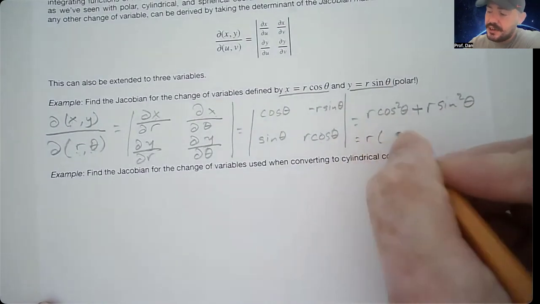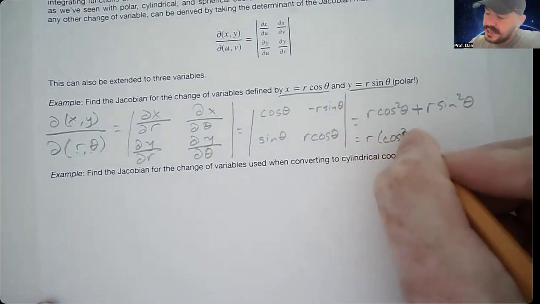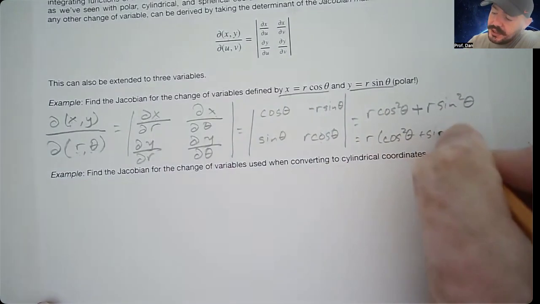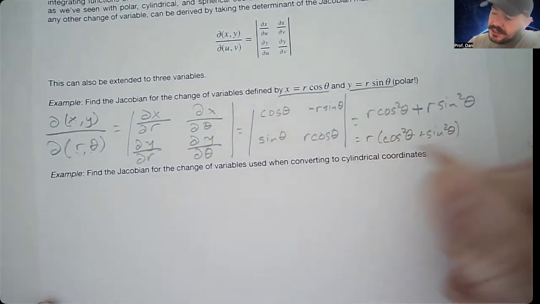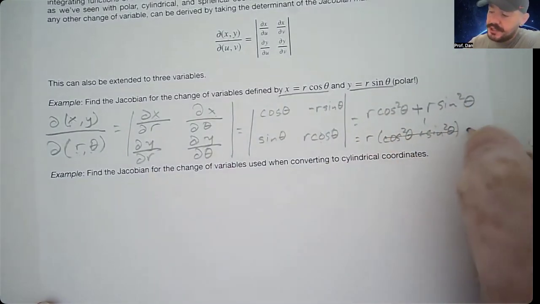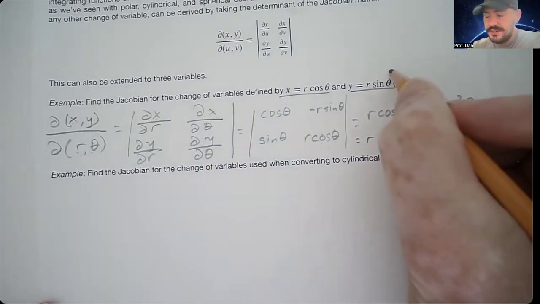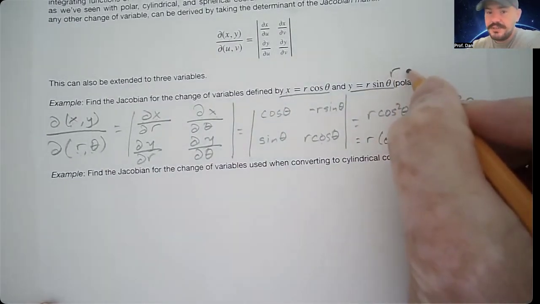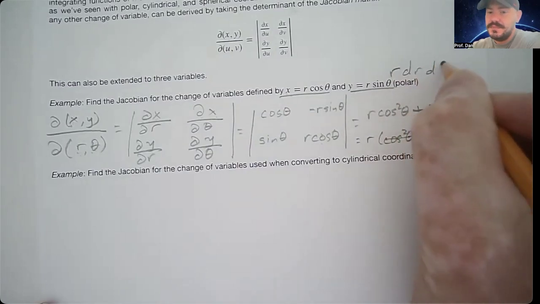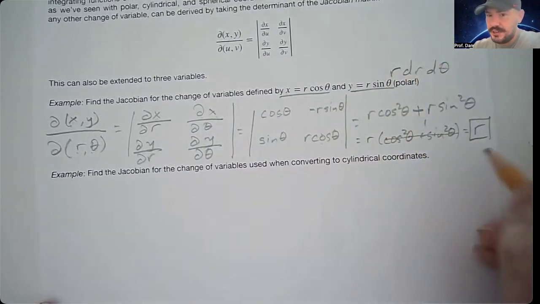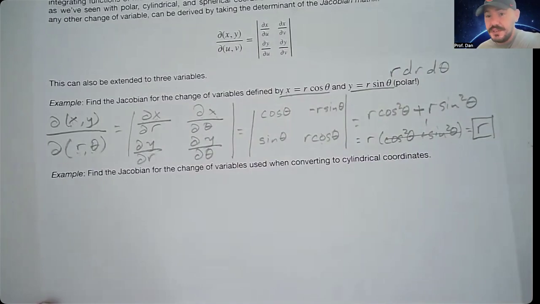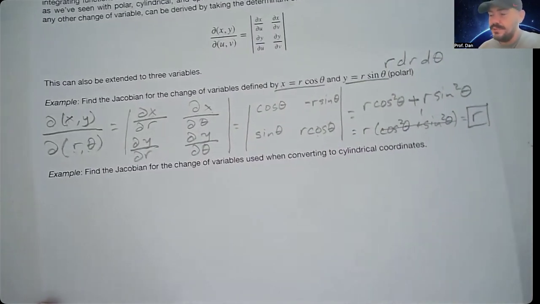So I factor an r out, and I'm left with cosine squared theta plus sine squared theta, which is more affectionately known as 1, which means that the Jacobian is r. Do you recognize that? Because remember, r dr d theta, that's where the r comes from, because it's the Jacobian. Pretty cool.